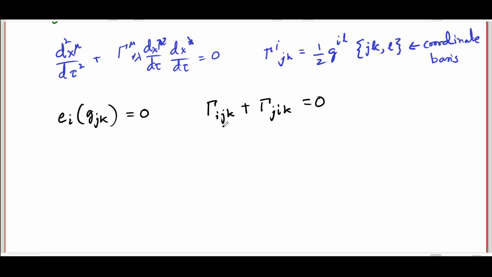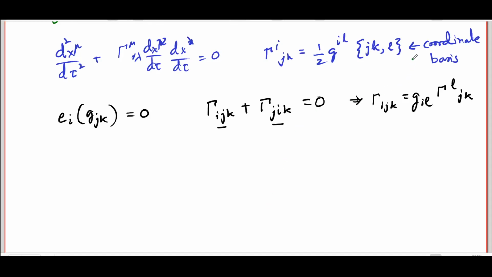These are the conditions that you have on connection coefficients. But the important thing is, what are these gamma ijk's with lower indices? This is of course the index lowered version of the gammas that we have been dealing with so far. So once you lower this index l using the metric, these functions that you get obey this antisymmetry relation: if you interchange i and j, you get a negative sign.